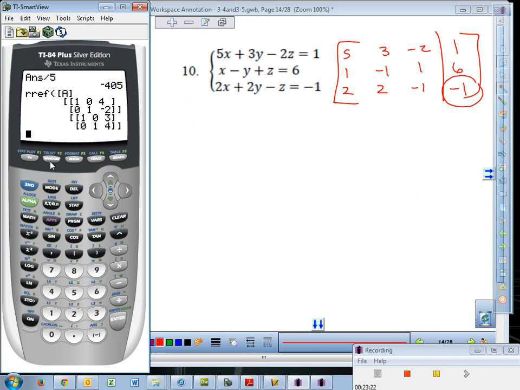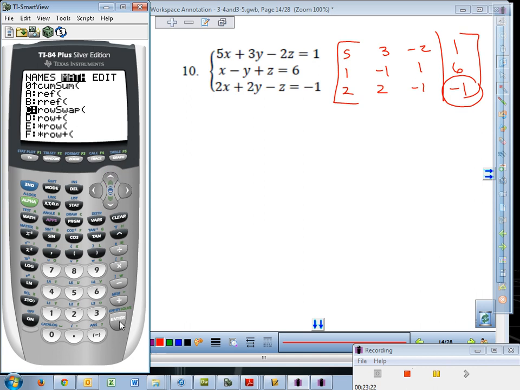So I need to do second matrix, and I want to do math on one of these matrices. So let's go to math. Right? And then we need to do reduced row echelon form, that RREF, which is choice what? And if you go up, you could get to it faster than going down.